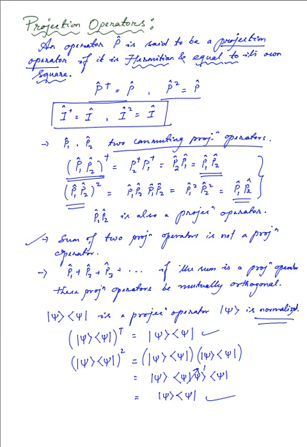Now, two projection operators are said to be orthogonal if their product is 0. We know this for sure, that two projection operators will be orthogonal if their product is 0.